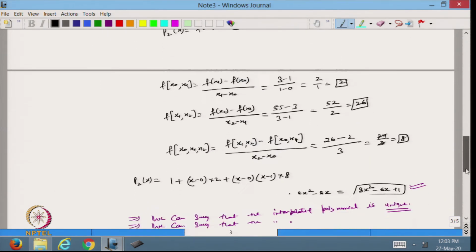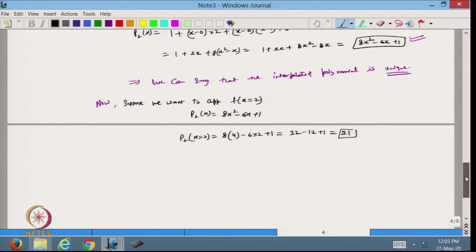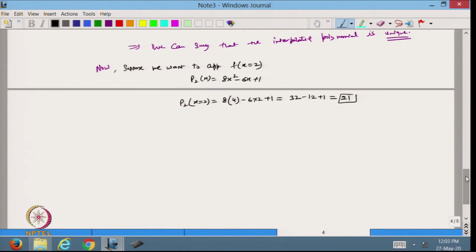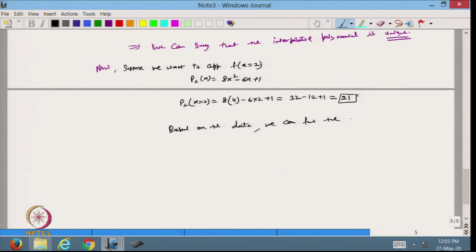In this case I can say that this function is an increasing function. Now, based on the data, we can find the maximum error estimate.